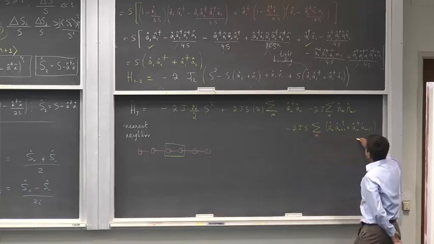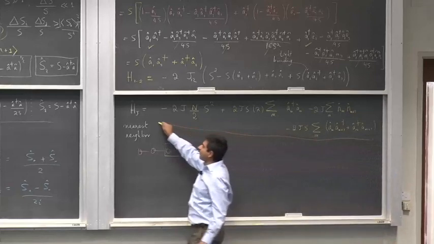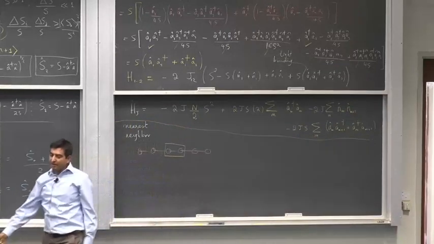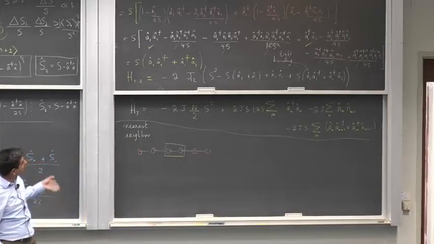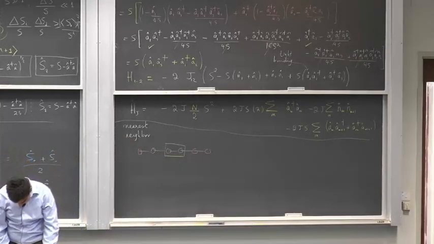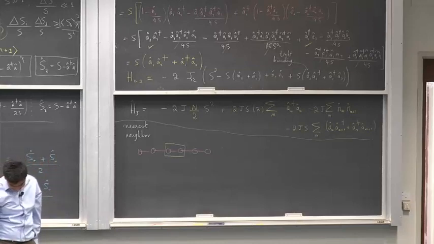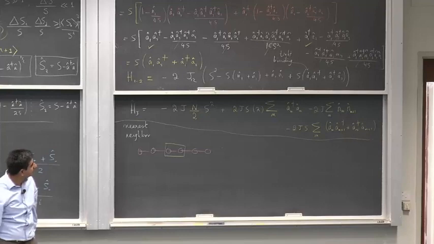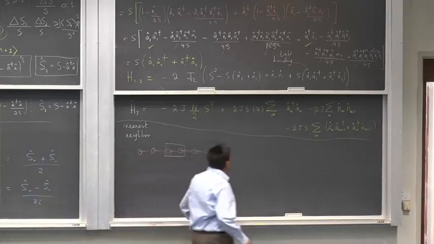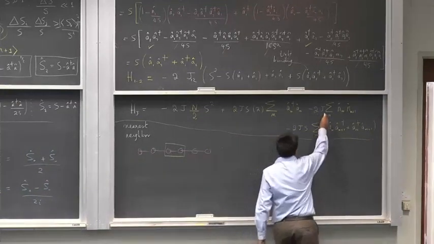So this is my Hamiltonian graph. Half a minute of reflection and then we move on from here. There is an S here as well, to the S.